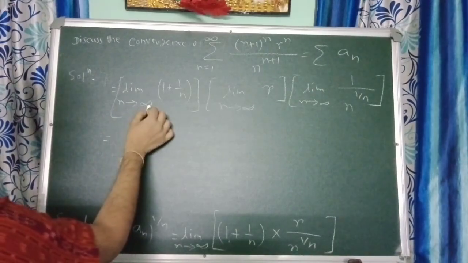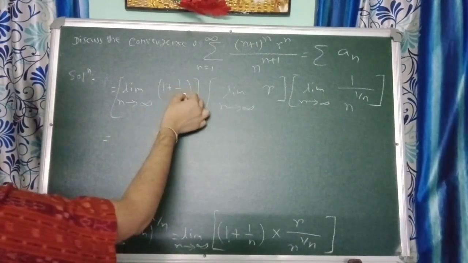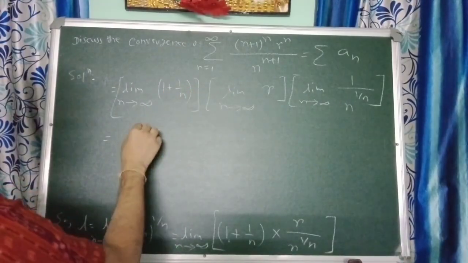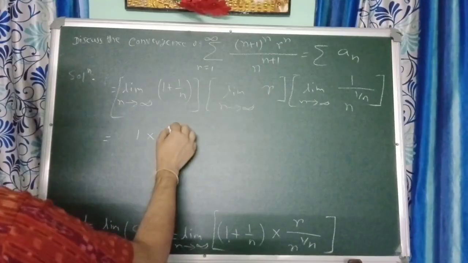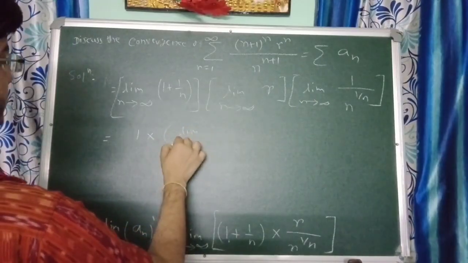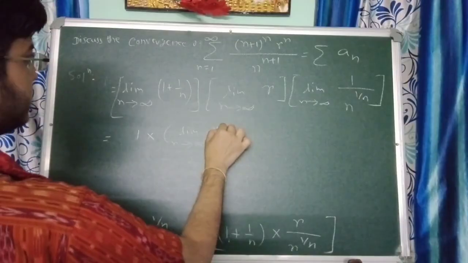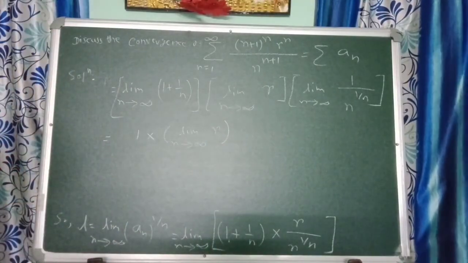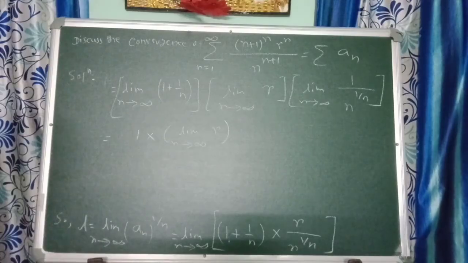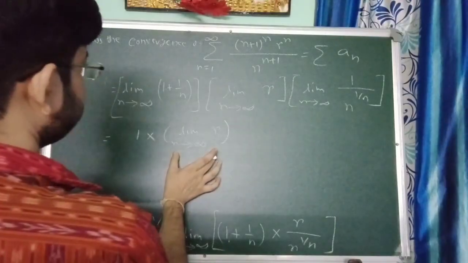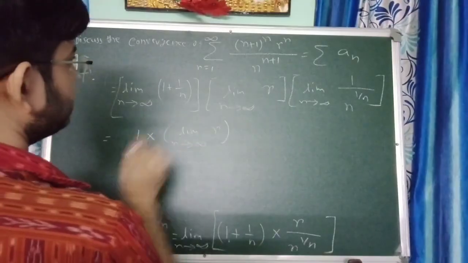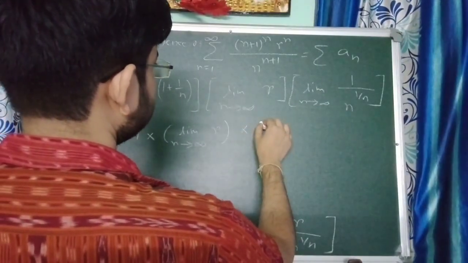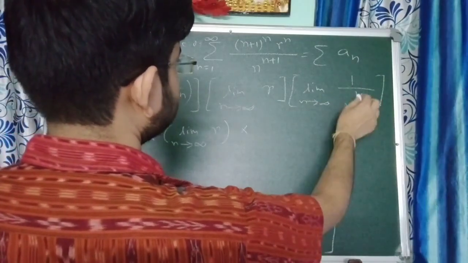So when n becomes infinity, 1 by n goes to 0 and 1 plus 0 goes to 1. So this value is 1. Here if we take limit n tending to infinity r, we cannot compute anything from here, so we keep it the same as limit n tending to infinity r, and also here we cannot conclude anything directly.